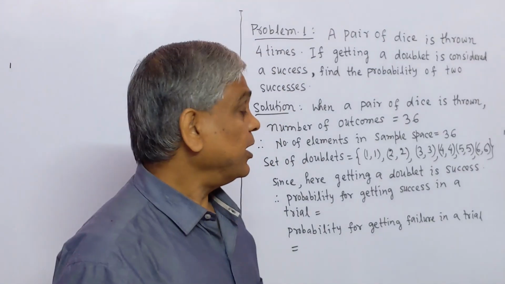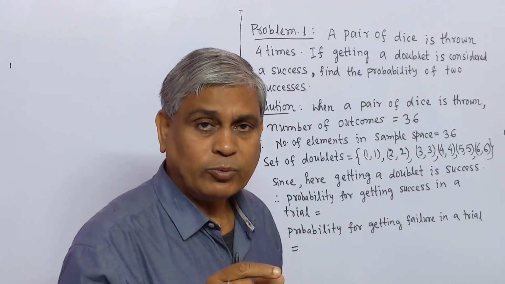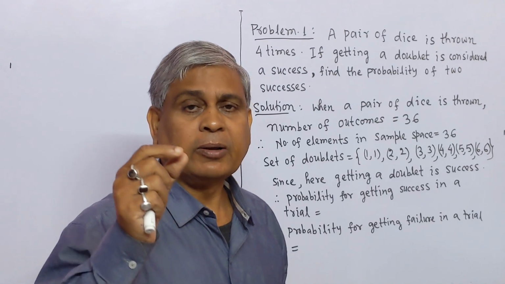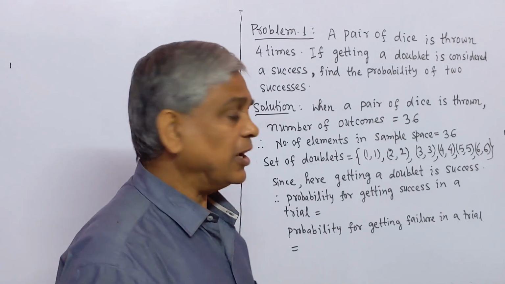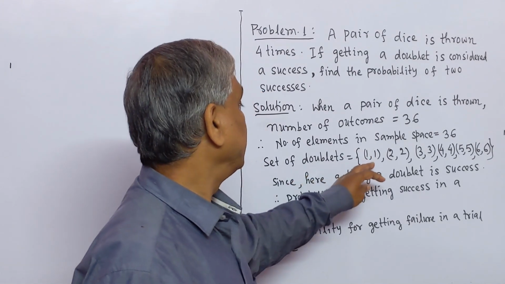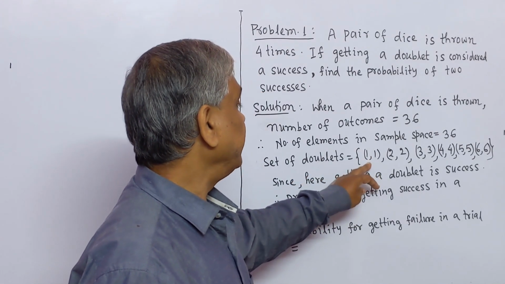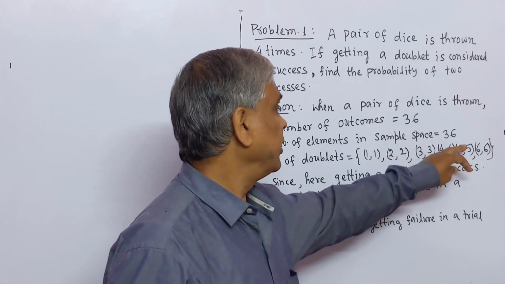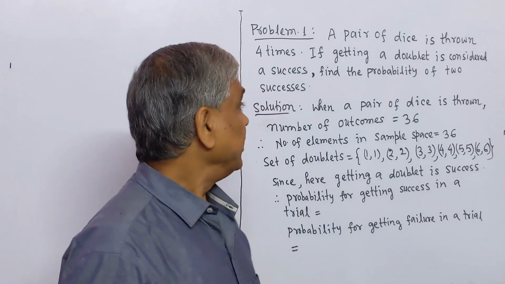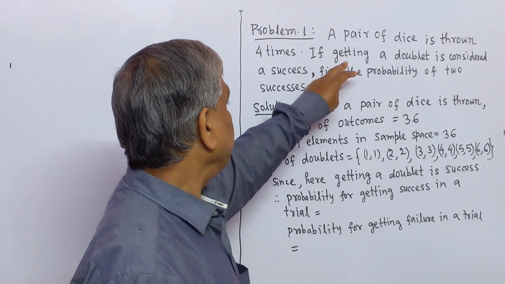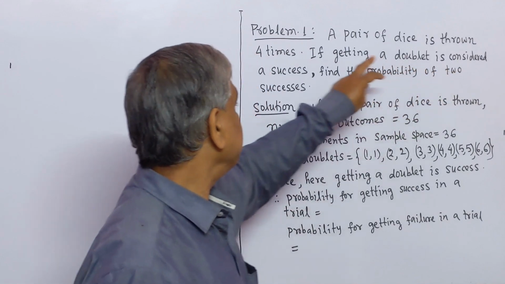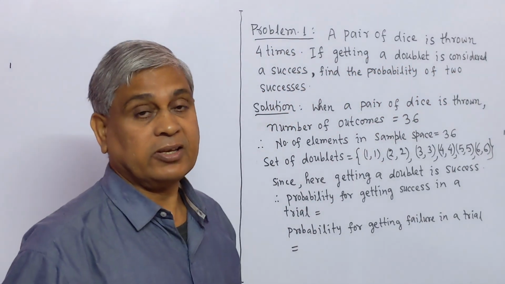And doublets are ordered pairs 1 1, 2 2, 3 3, 4 4, 5 5, 6 6. Therefore set of doublets will be a set containing ordered pairs 1 1, 2 2, 3 3, 4 4, 5 5, 6 6. Here it is assumed that getting a doublet is considered a success.